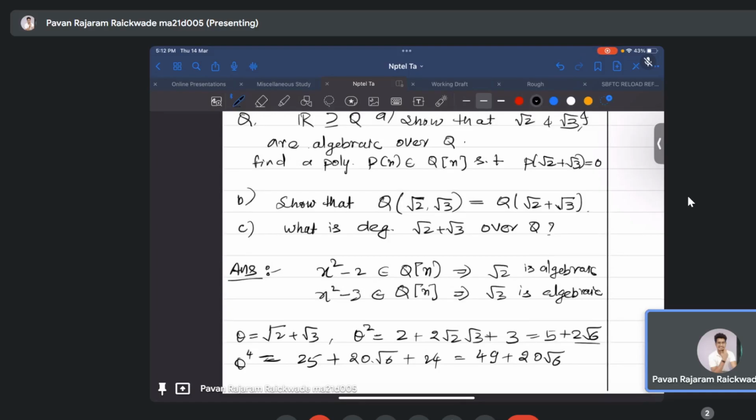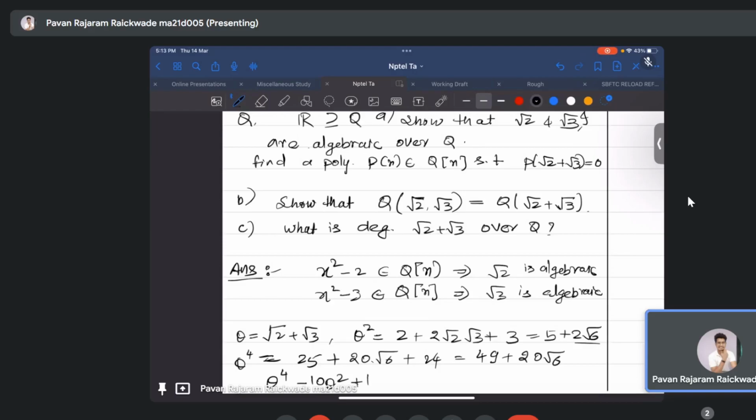So what happens if I do theta raised to 4 minus 10 times theta squared? If I multiply, it's 50, right? So what am I left with? The 20 root 6 terms get cancelled, then 50 minus 1 plus 1.